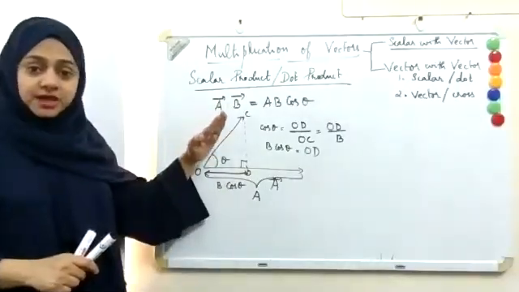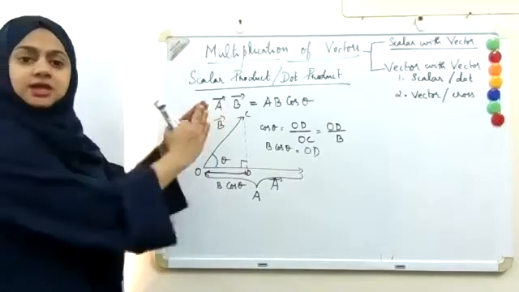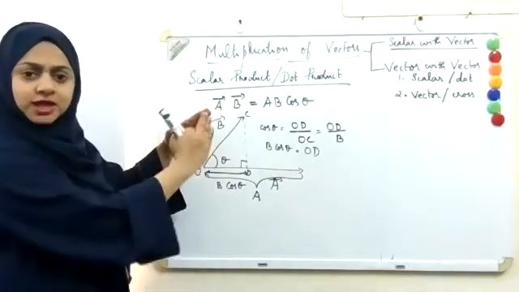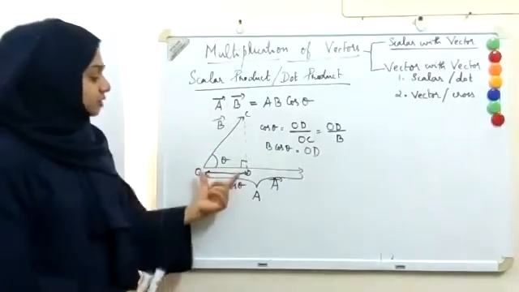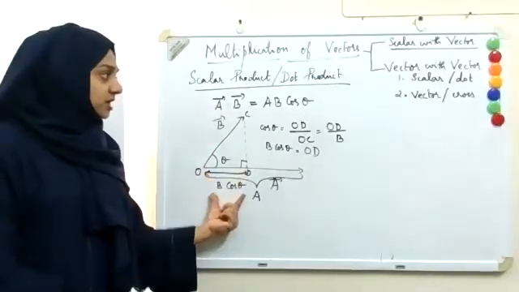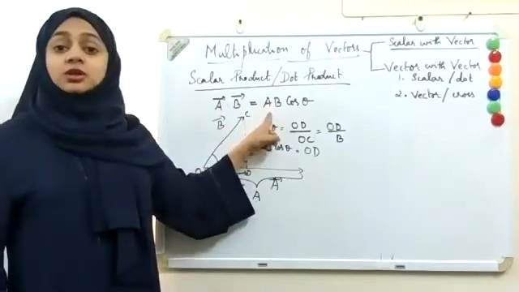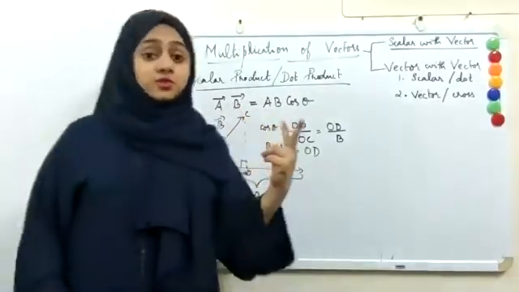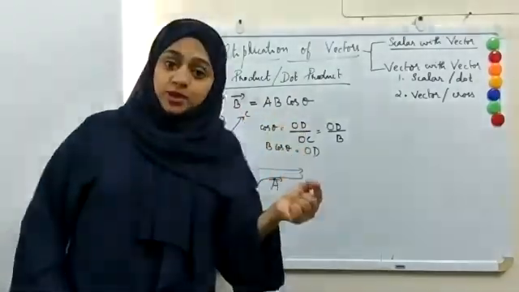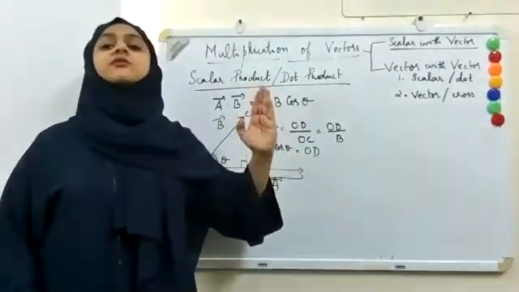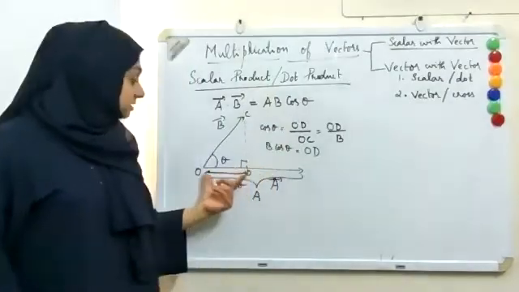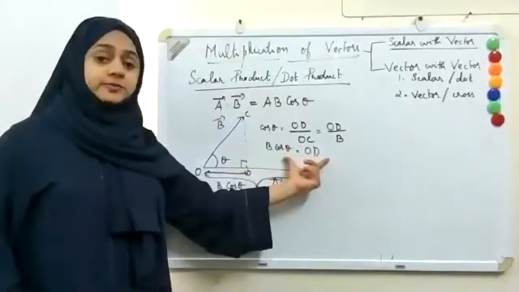If this is B, if you are just placing the shadow of this on A, it is called the projection of that vector on A. So that distance is B cos theta. So this is sometimes called the scalar product of two vectors is the magnitude of one vector multiplied by the projection of the second vector on the first vector. This is why it is called so.